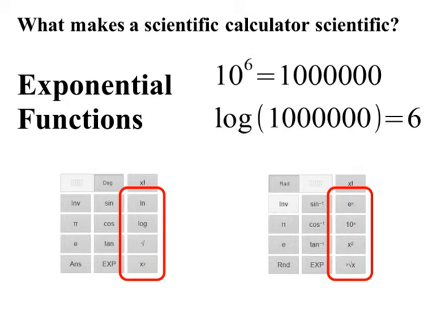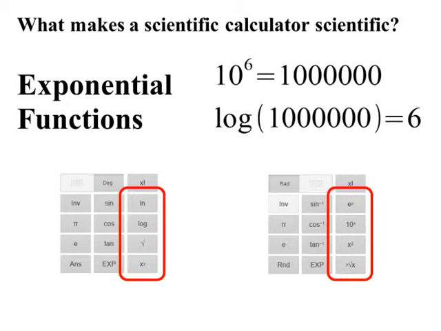Log base 10 works exactly the opposite way. If you type in 1 million, 10 to the 6th power, and hit the log key, it will give you the answer 6. That's what logs do. They give you the exponent you need to get a certain number.